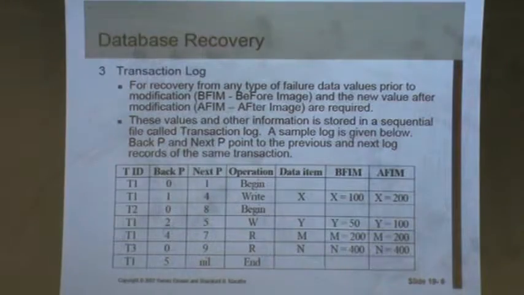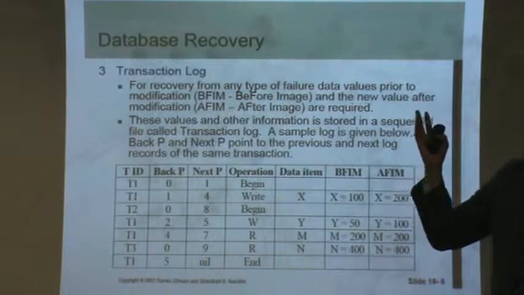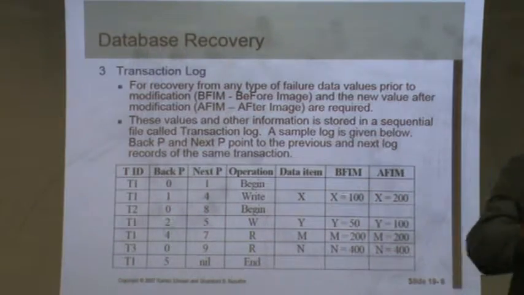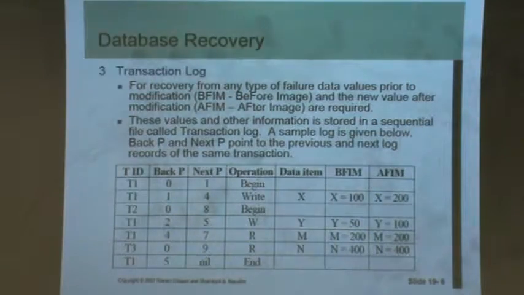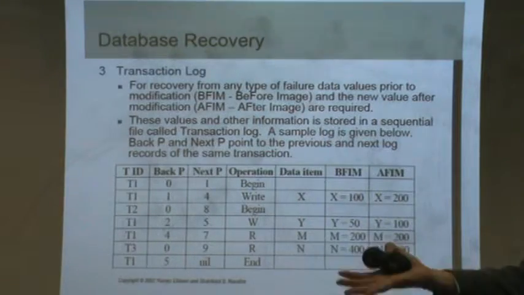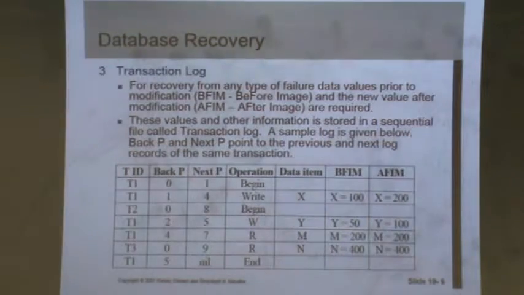Another example of using the transaction log is when we commit the transaction. What happens? The last step is logging. Log the transaction. At that time you can use the transaction log.